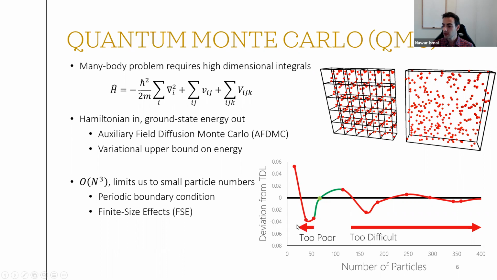One of the consequences of this is, if we look at the trend for the energy as a function of the number of particles, we find that there is some limiting value in the thermodynamic limit, or the macroscopic scale, that we want to reach.